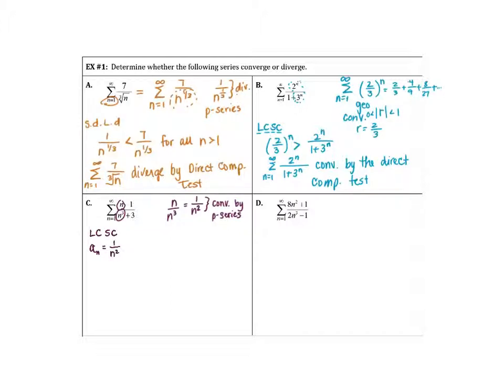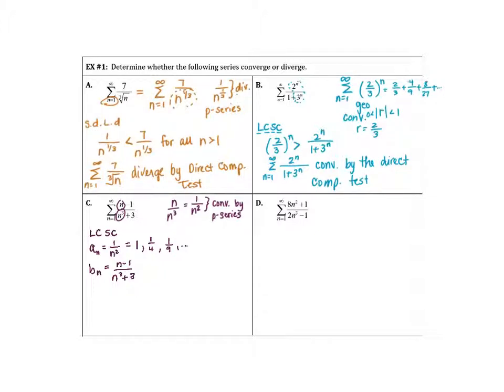And then I'm going to call b sub n our n minus 1 over n cubed plus 3, because we do need to look at these terms. We're going to start at 1, and so our first term would be 1. If I plug in 2, I'm going to get 1/4. If I plug in 3, I'm going to get 1/9, and so on.